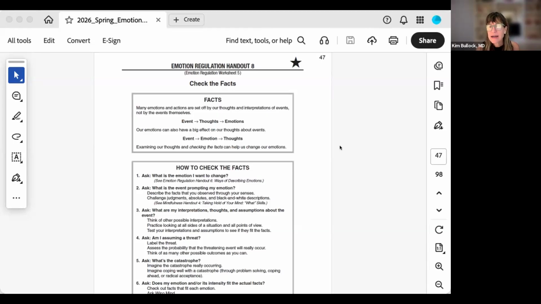And I do want to come back to examples and ways that this might show up in FND. People with FND often have unhelpful beliefs about their symptoms or even their illness, and checking the facts can be really effective. We know that people with FND do a lot better with psychoeducation than without it.